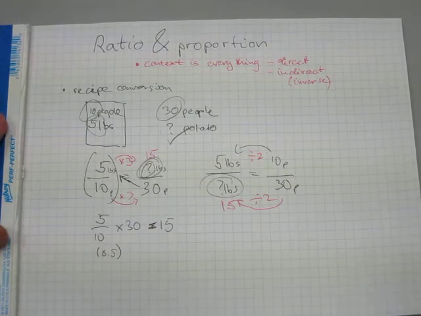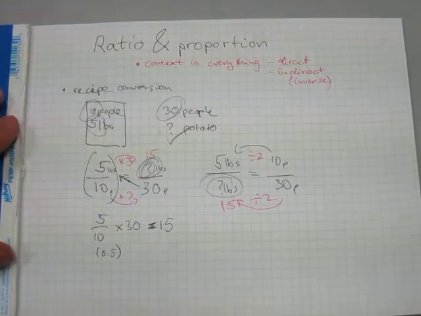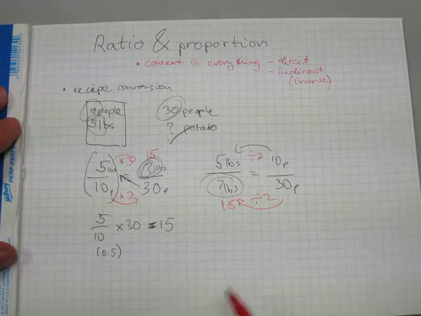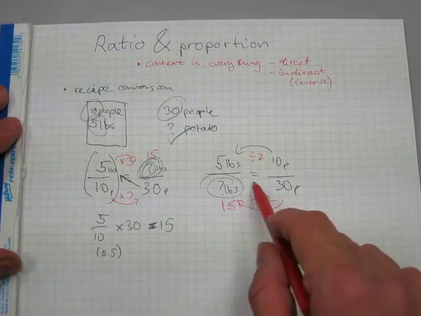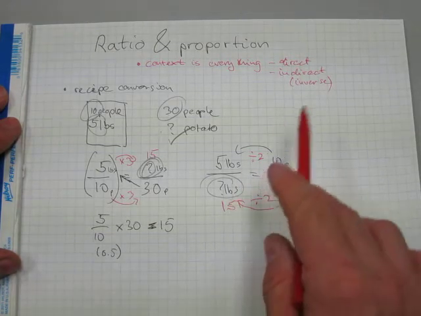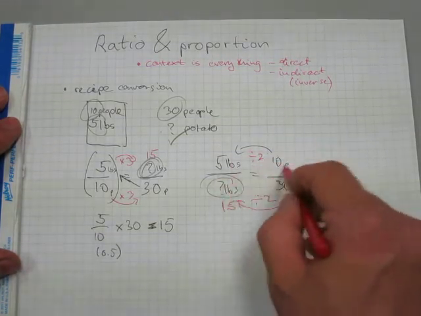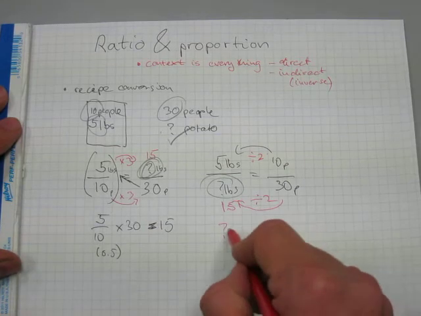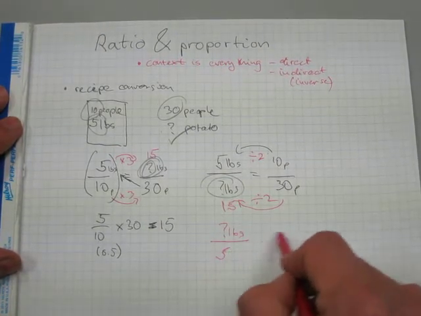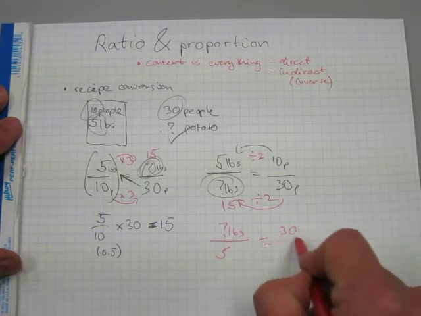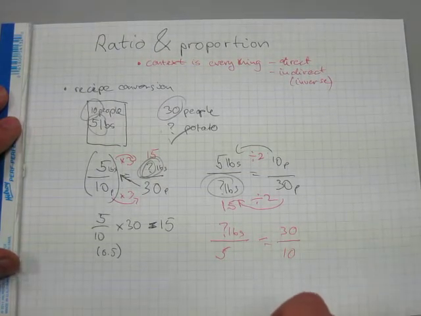But you can also solve it with an equation format, but it's harder to see. The easy way to do it is to flip this one, and flipped up, this is how it looks. So many pounds divided by 5 equals 30 divided by 10.